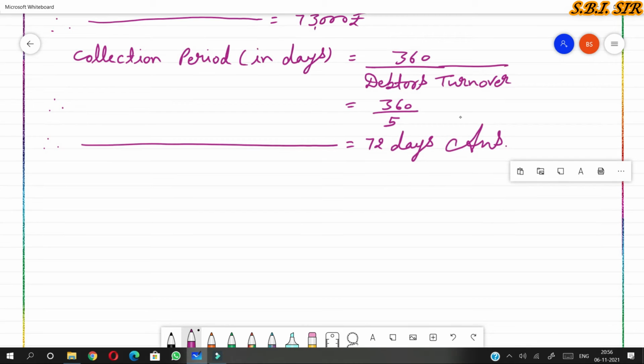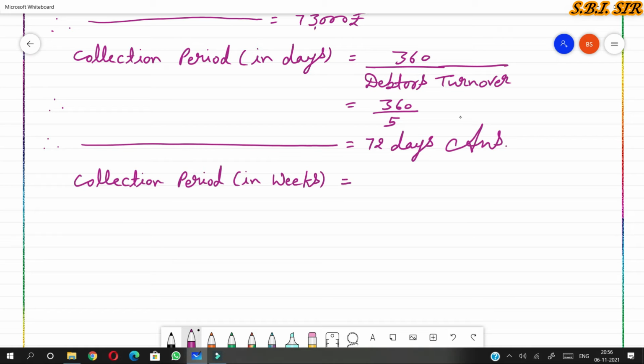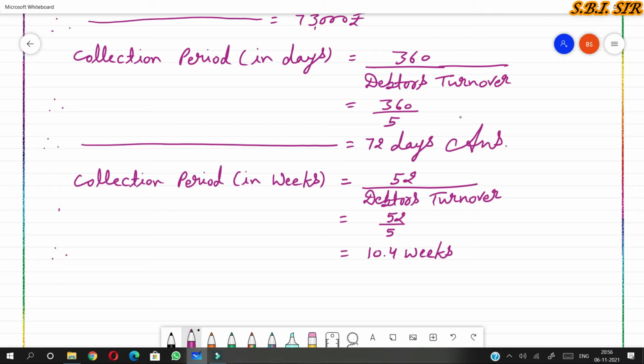Then we have to find out collection period in weeks. In a year there are 52 weeks, so 52 divided by debtors turnover, 52 divided by 5, we will get 10.4 weeks. It is also our answer.